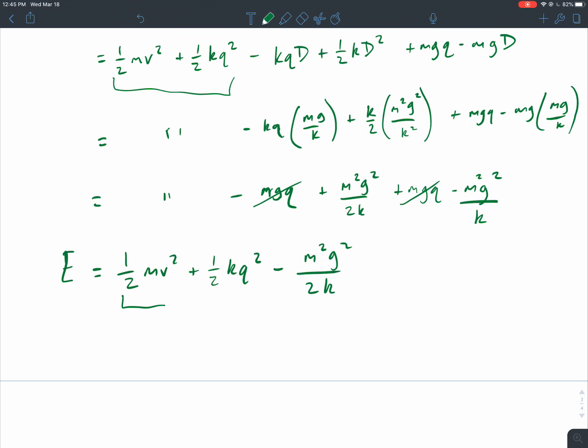This is our velocity term, which is the same. This is our kinetic energy. Look, this is the same as our potential for a spring. Potential 1/2 kx squared becomes 1/2 kq squared. And this is just the constant that we shifted by.